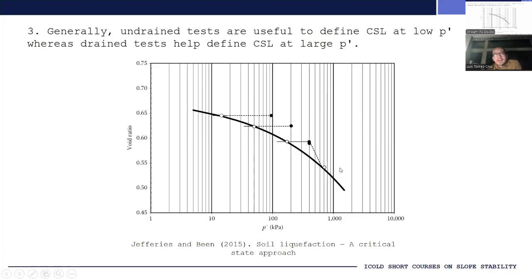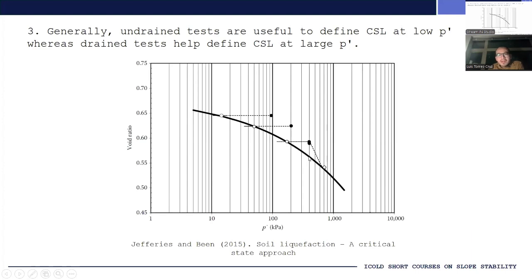The other thing that I want to bring to your attention, which I think we're not always aware of, is that, say for instance, that you already have these 4 points for this critical state line. At this point, you might be thinking that it would be very nice if we could have another point over here so as to have a uniform distribution of our points on the critical state line.